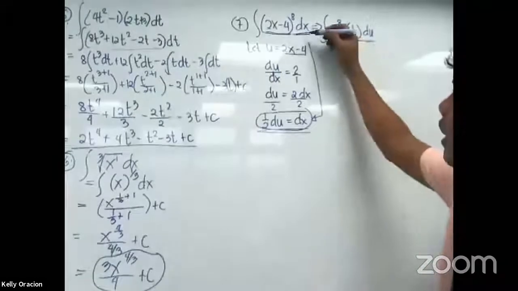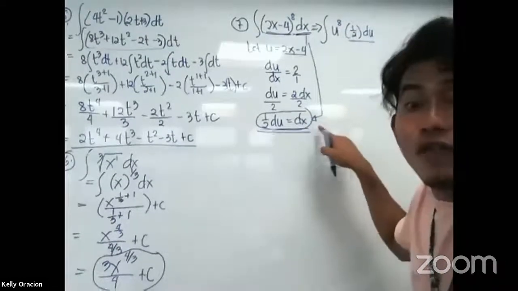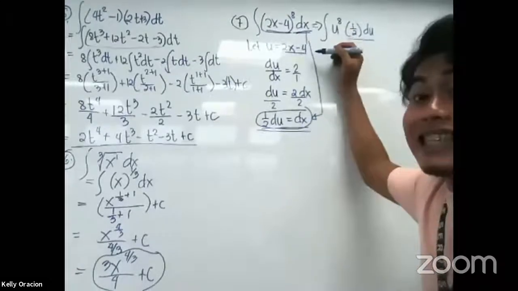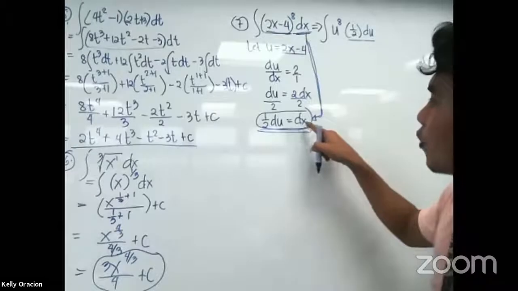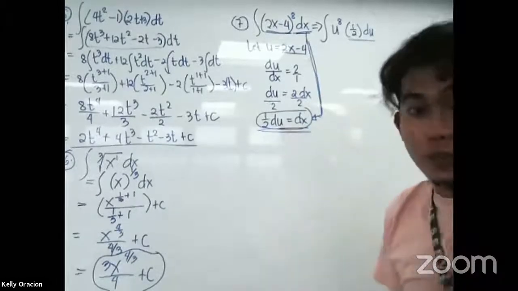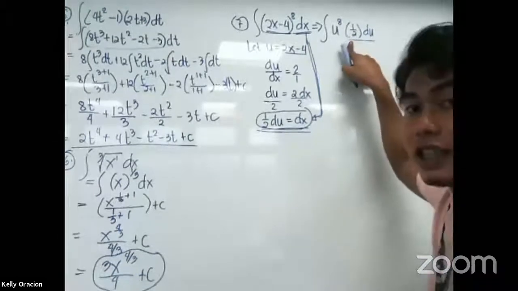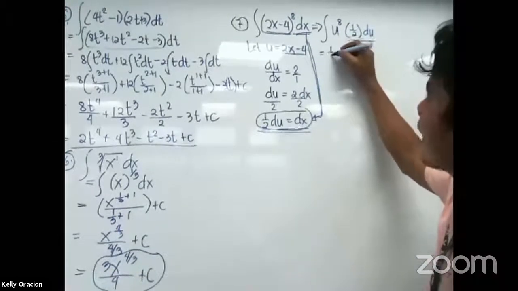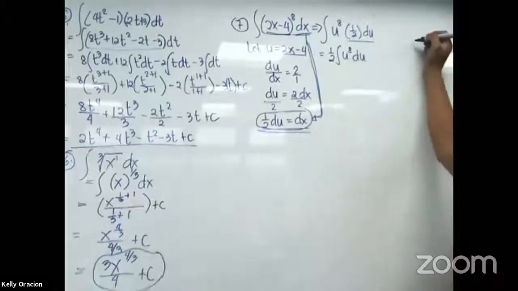So we substituted the value of our dx, which is 1/2 du. So ito na, merong constant ng 1/2, ilabas ang 1/2, then u raised to 8 du.